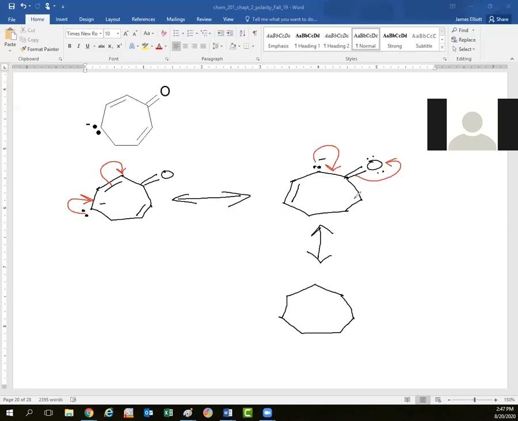Oops, I missed out a bond there that time. So that negative charge finishes up on the oxygen atom. And that's as far as we can take it.